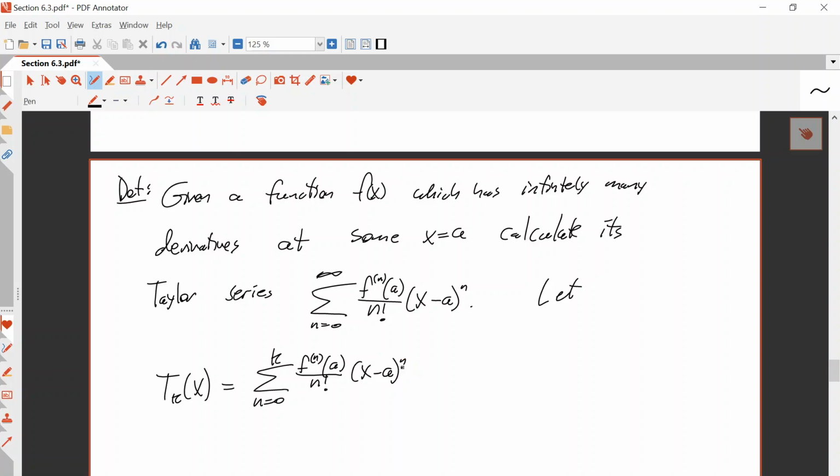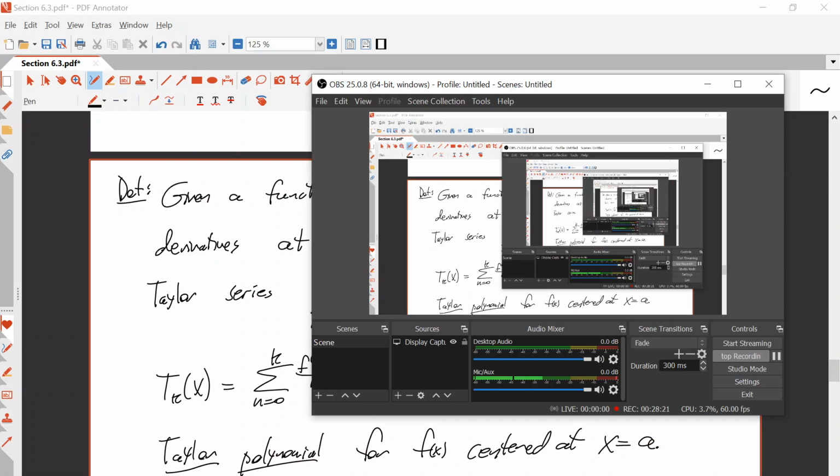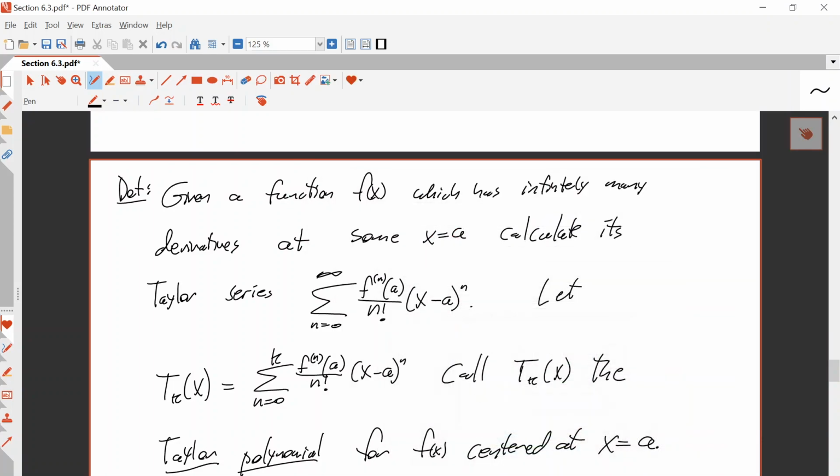So that's the partial sum of the Taylor series, and we call this the Taylor polynomial for f of x centered at x equal to a. Okay, good.